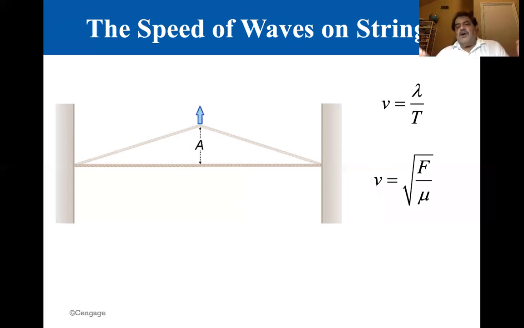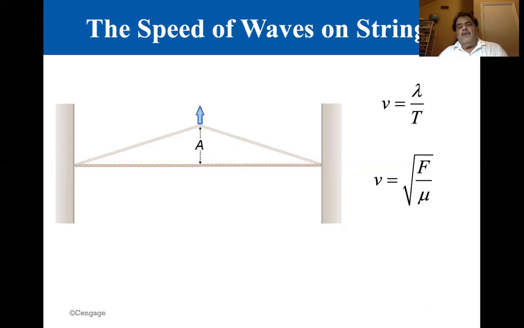So you can see, if we take a guitar string, if you increase the tightness of it, what happens to the tone? It goes up. The velocity goes up. You can make the tone go higher by raising the tension.